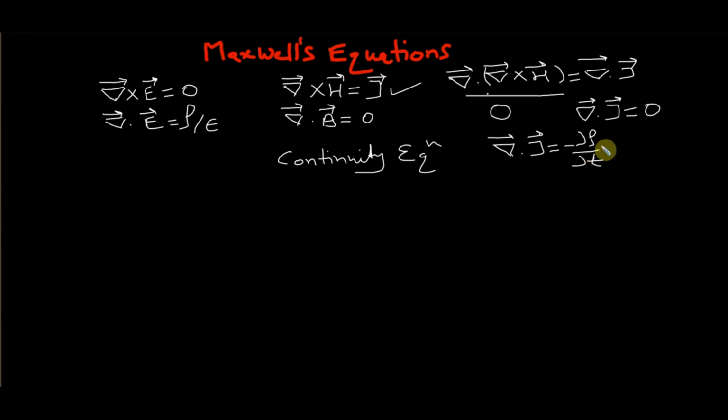This is the continuity equation. For the static case, this rate of change of the charge density is 0. So del dot J is 0 for the static case.